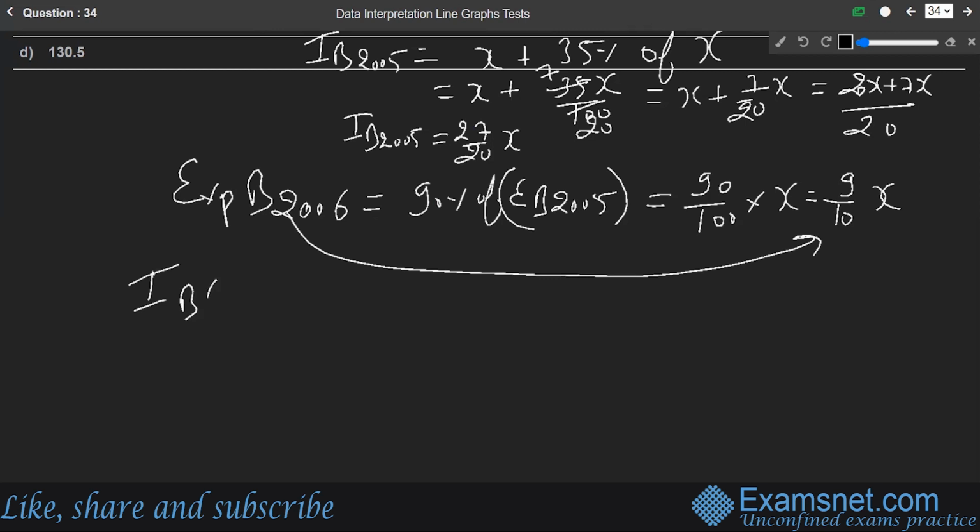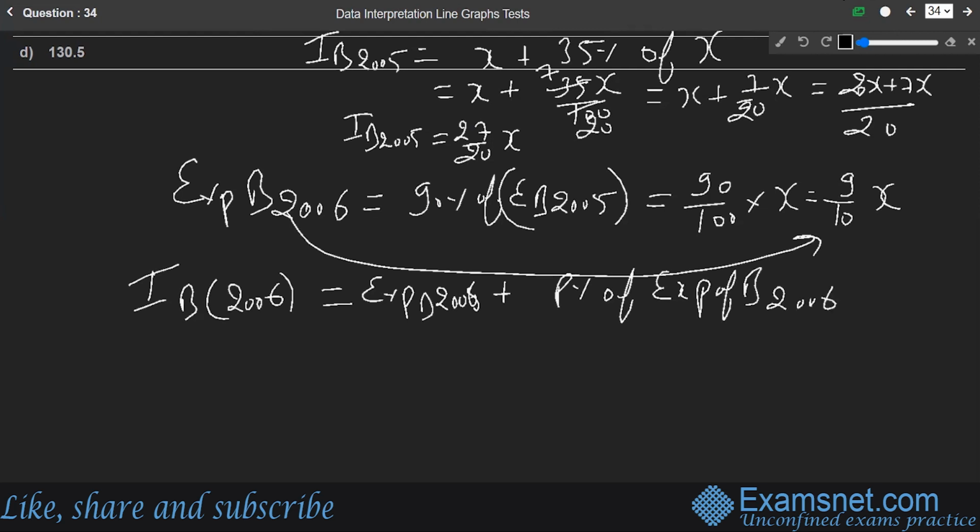Now, income of B in 2006, again the income is related by expenditure plus profit. Expenditure of B in 2006 plus profit percent of expenditure of B in 2006. This is how we'll relate. Expenditure of B in 2006 we just calculated to be 9 by 10x.